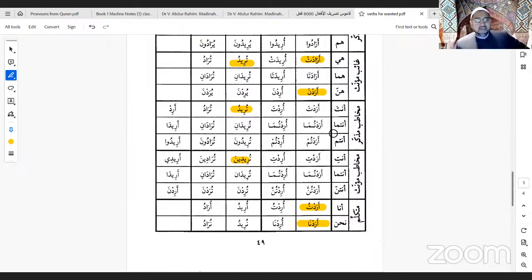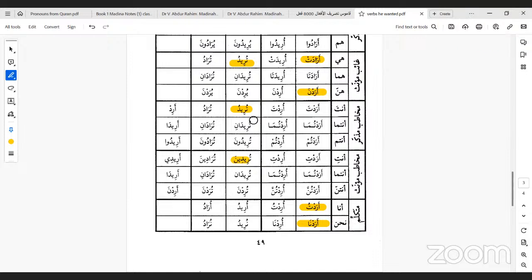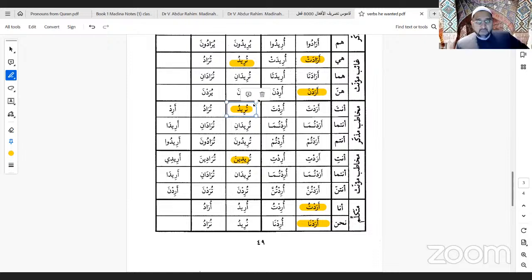Excellent. So the last letter, not the noon, the actual dhamma in the singular. Remove the ta and the dhamma on the dal, and then what happens in the four-letter verb? This is a four-letter verb. Then do we bring hamzatul wasl or hamzatul qat? It will become arid. So remember, there's a ya as well.